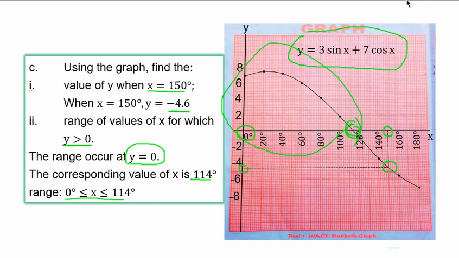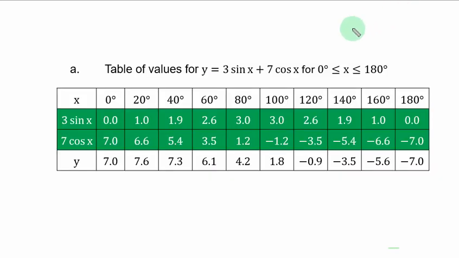Before we continue, from the graph we have 114 degrees, which you can obtain between 100 and 120. Now see that if you trace it down, values of Y greater than 0 are to the left. So you move from 114 to this 0 degrees when you have values of Y greater than 0.